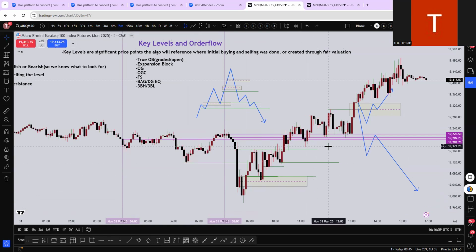One last principle that I'm going to go over here really quick is expansions. So if you have an expansion that fails to break a high, that becomes internal liquidity. That's where retracements are permitted, and we could be taking lows. But this is a bullish expansion. It confirmed bullish. So when we retrace here, since this expansion failed to take out this low in bullish order flow, this high is your first target.